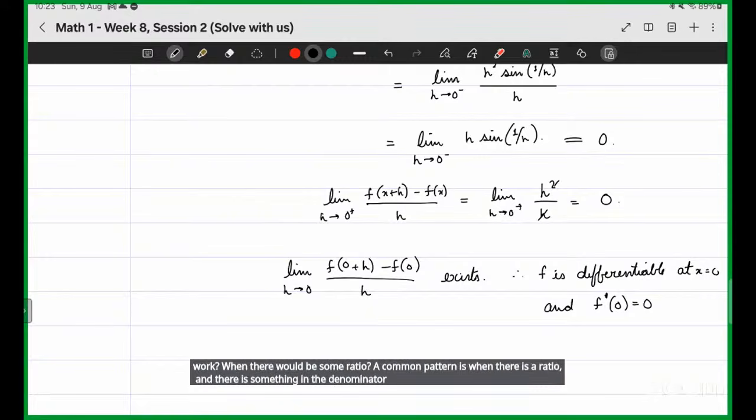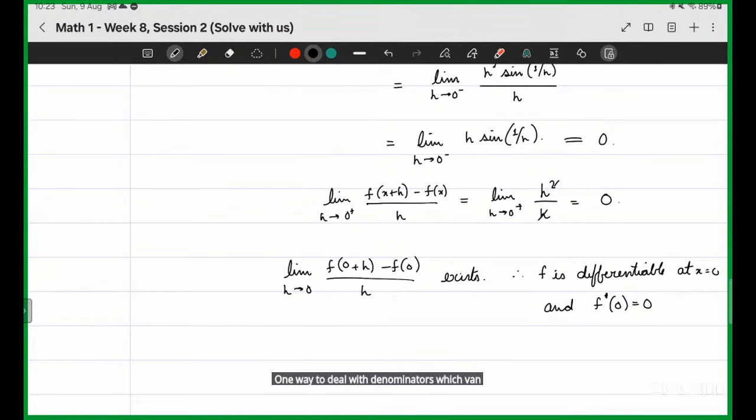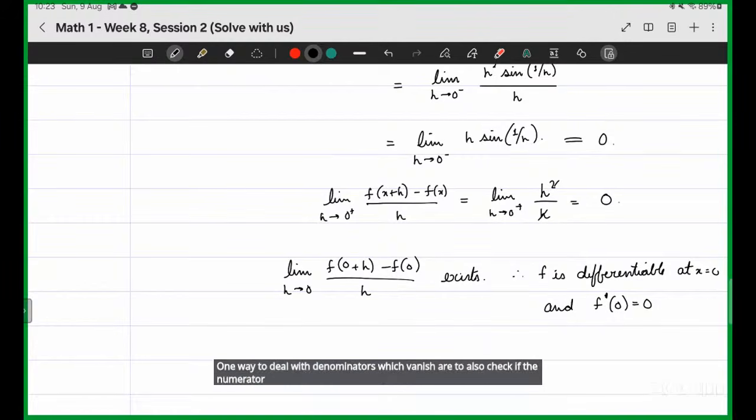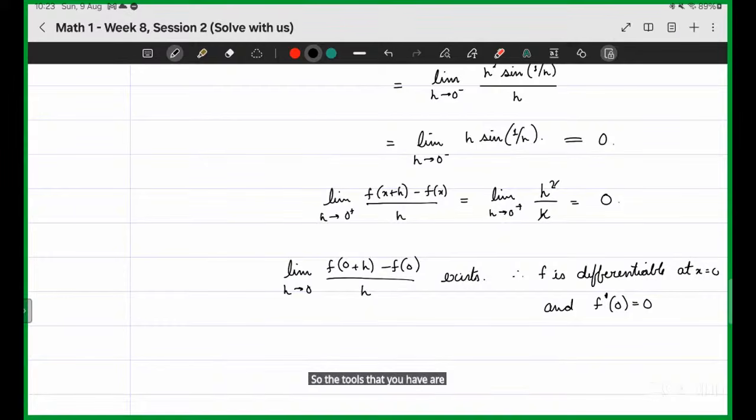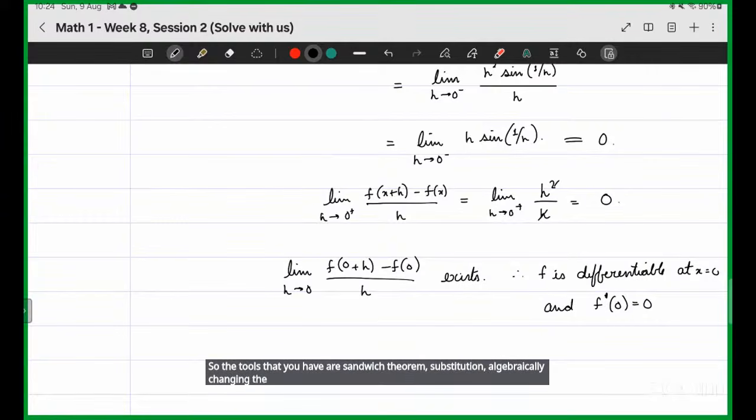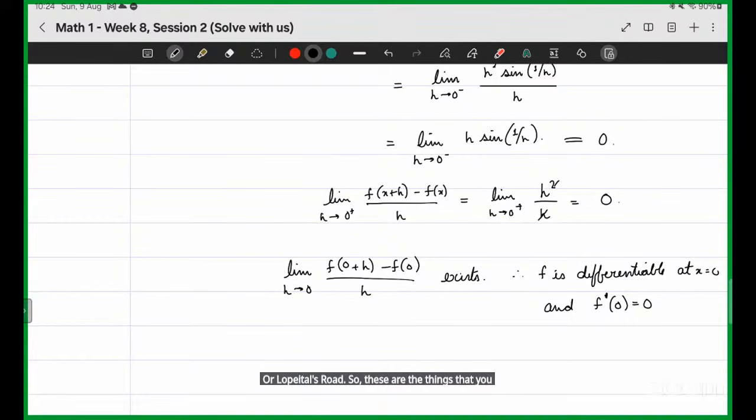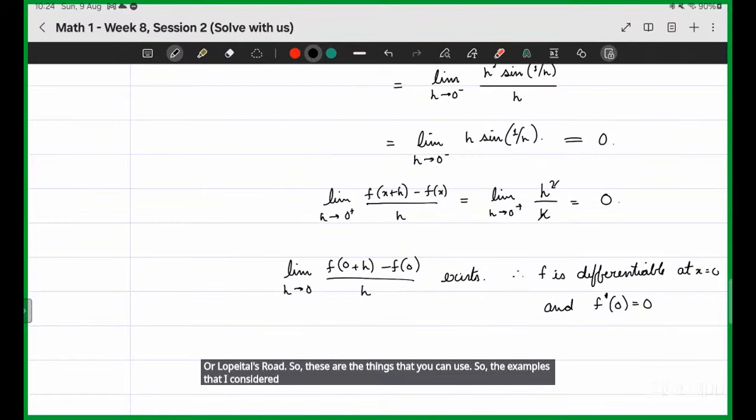One way to deal with such denominators is to also check if the numerator vanishes, and then use L'Hopital's rule if the functions are differentiable, which usually they are. You won't be given a ratio of a non-differentiable function and a differentiable function. So the tools that you have are the sandwich theorem, substitution, algebraically changing the expression so that the problematic term is cancelled, or L'Hopital's rule. So the examples that I considered today were very simple.